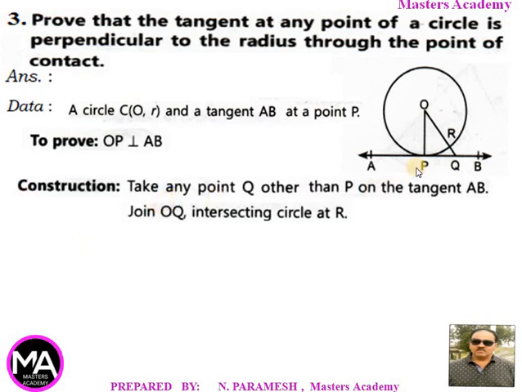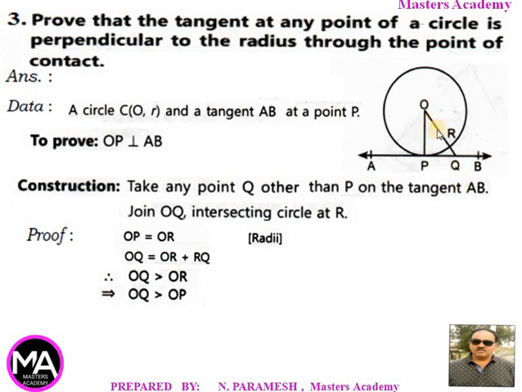Construction, take any point Q other than P on the tangent AB, join OQ that intersects the circle at the point R. Proof, OP is equal to OR, that is radii. OQ is equal to OR plus RQ.